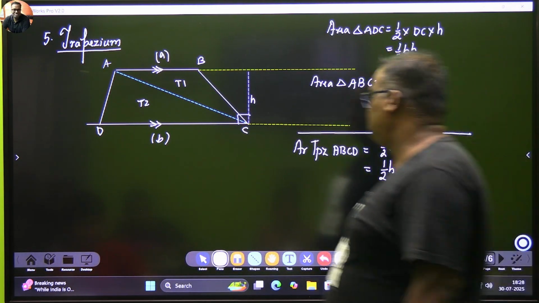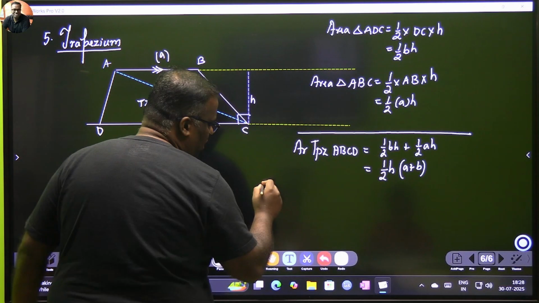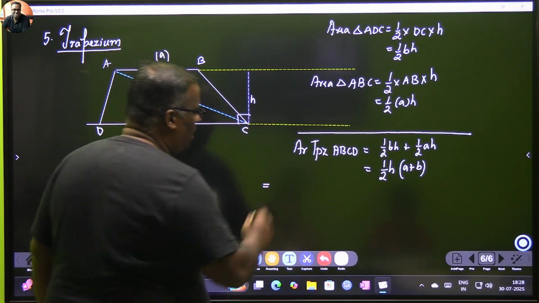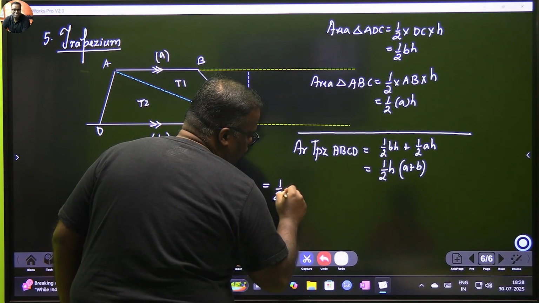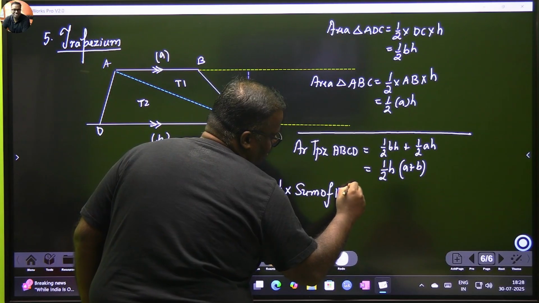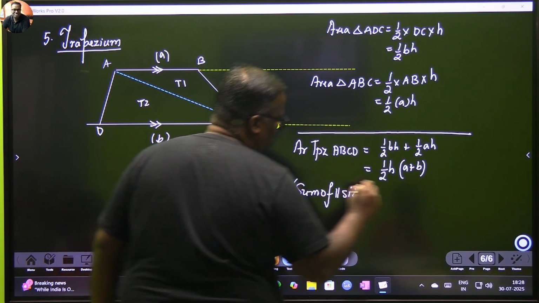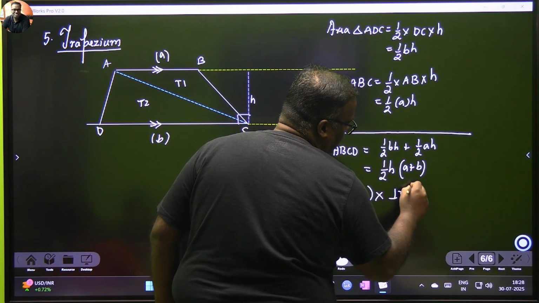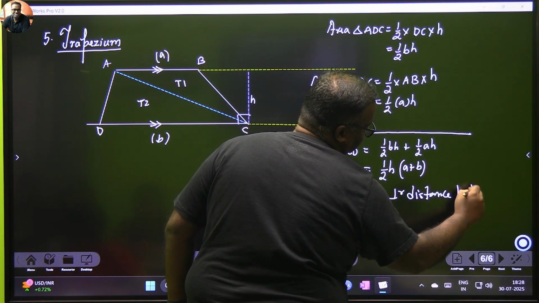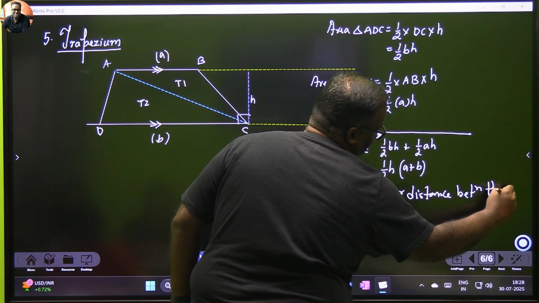So this formula, my school teacher taught me, and I remember it that way: half into the sum of the parallel sides into the perpendicular distance between them. It's the same thing.